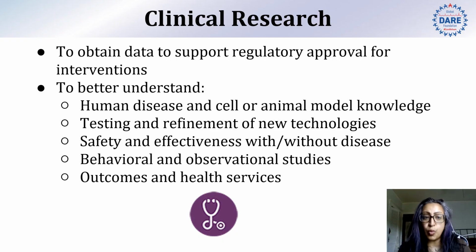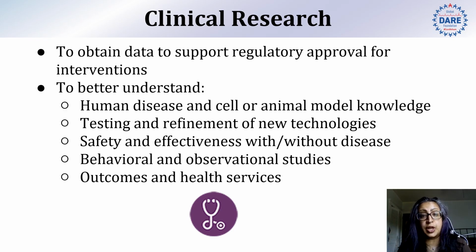Once a potential treatment shows promise in preclinical research, looking at both effectiveness and safety, as well as the other points I brought up in the previous slide, the next step is clinical research, which eventually leads to clinical trials. These are studies that involve humans as subjects to better understand whether or not an intervention is safe and effective.